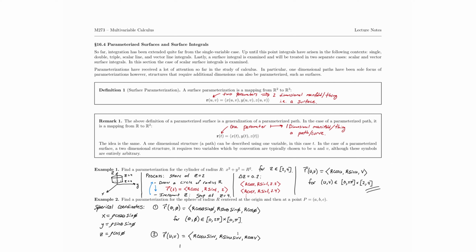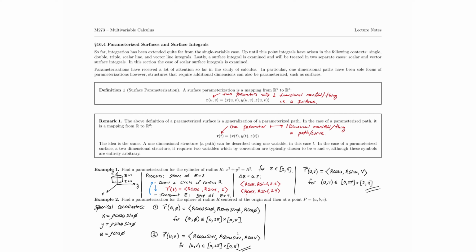And then our range would be for (u, v), 0 to 2 pi, Cartesian product with 0 to pi for the range of v. So right there, either one of these gives us a parameterization for a sphere of radius r centered at the origin. So the first half of this problem is done.